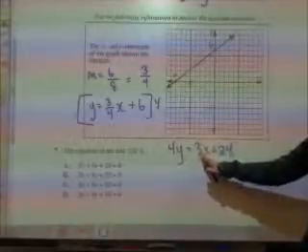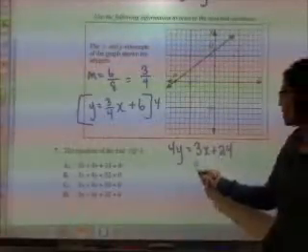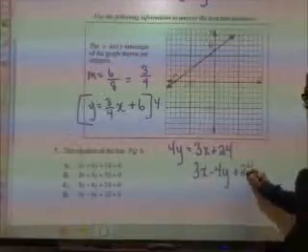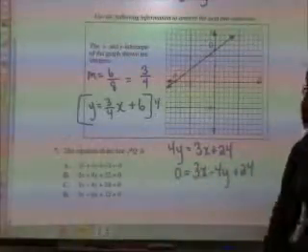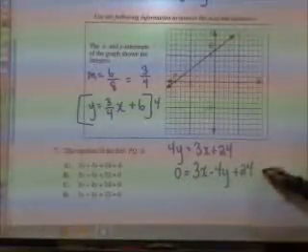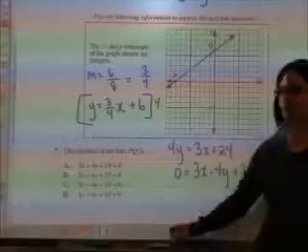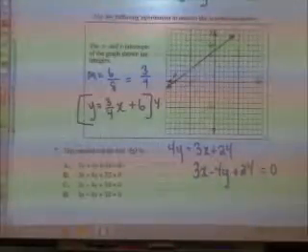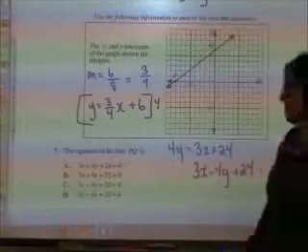Because the 3 is positive, I'm going to move the 4y over, which will make it negative, and that will equal 0. And if it equals 0 on that side, it's going to equal 0 on this side. So my answer is C.